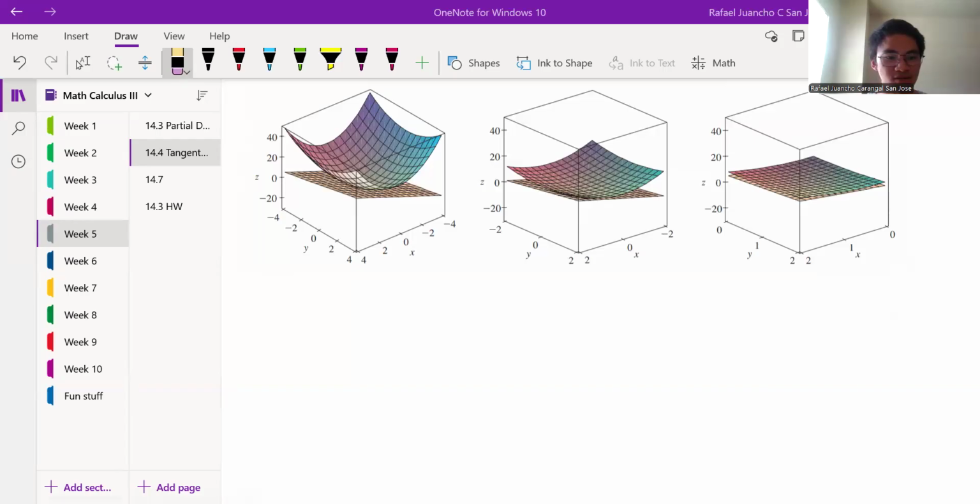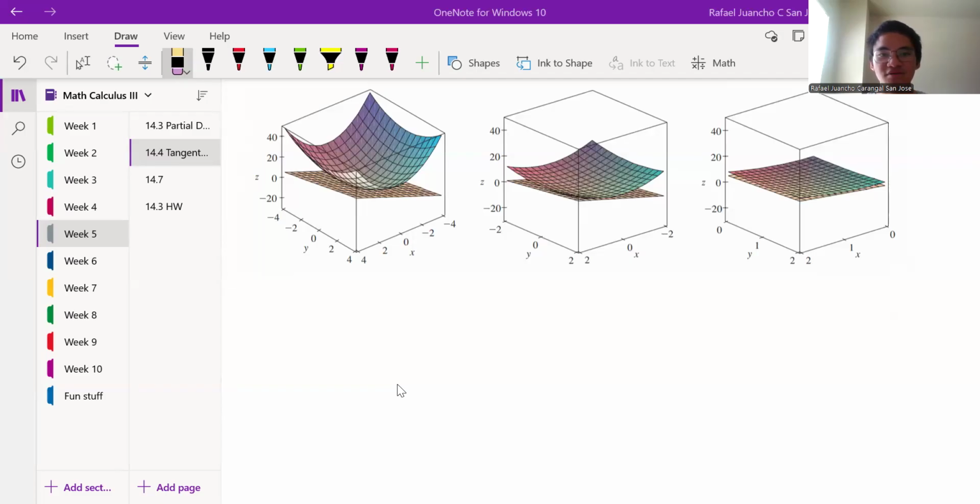Pretty sure I went long on deriving that whole thing. Anyway, where was I? 14.4, I think. Yeah, 14.4. Okay, let me do this real quick. Nice and easy.